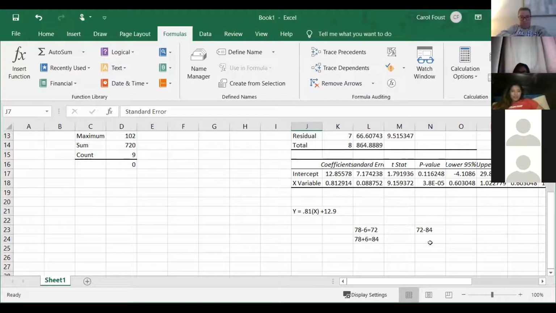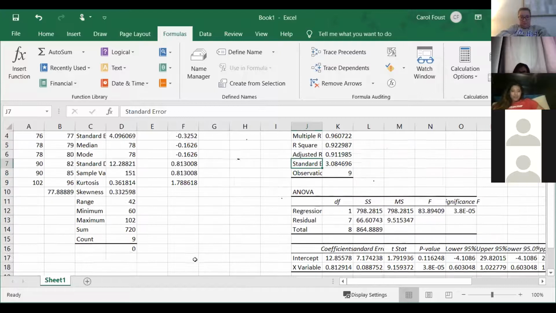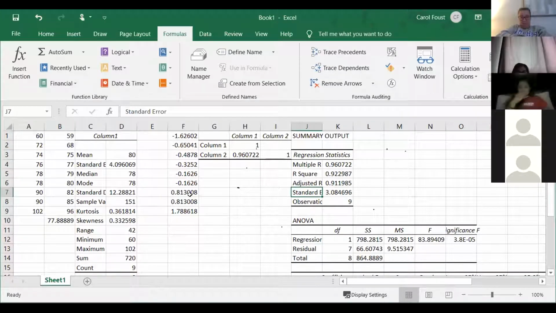What would you use for a raw score? The standard deviation. Correct. So if I wanted to look at a raw score, I would need to come back to the descriptive statistics. I would need to do some descriptive statistics on the final, which I hadn't done yet.